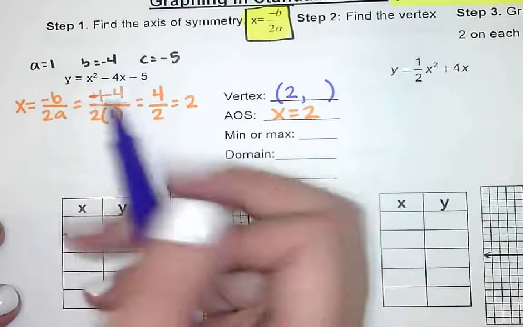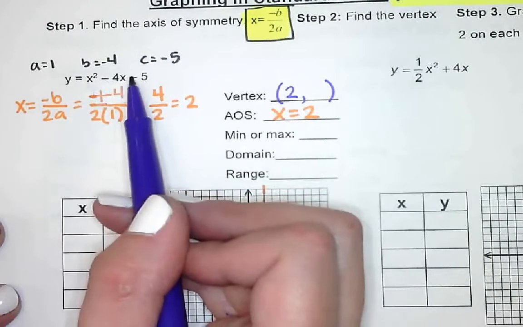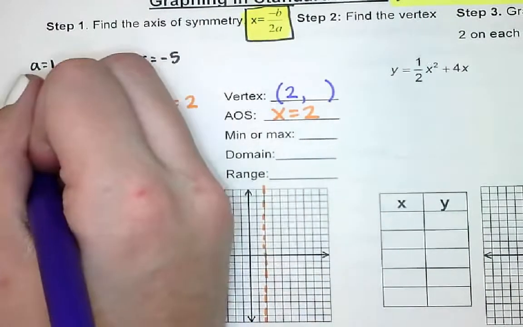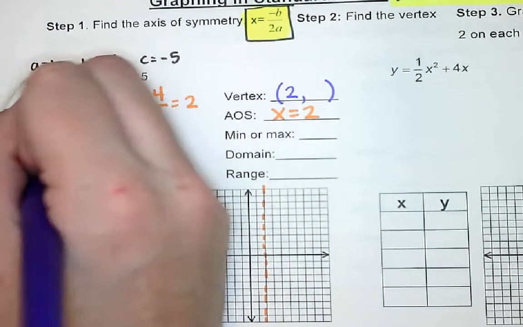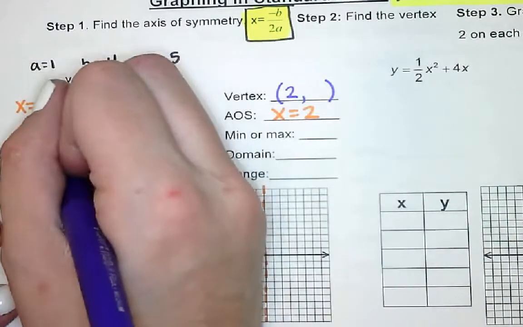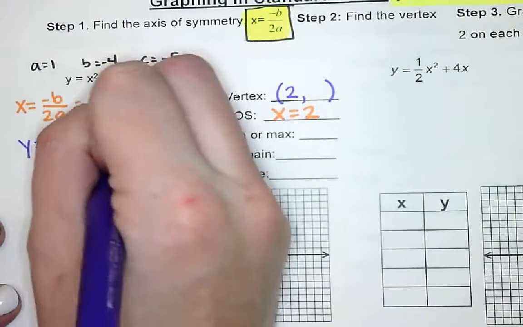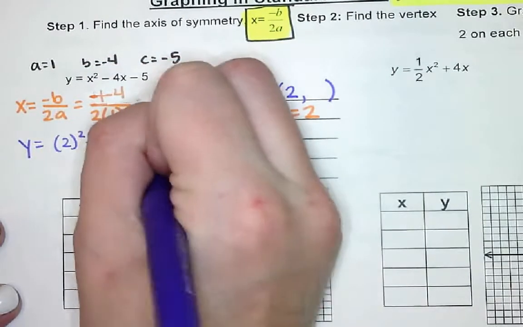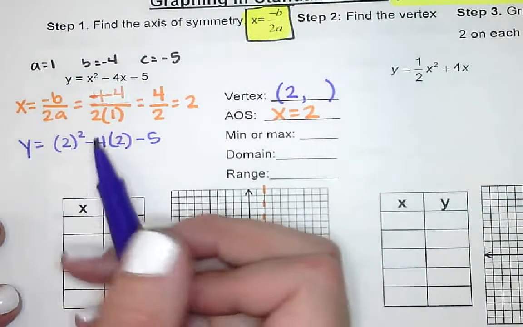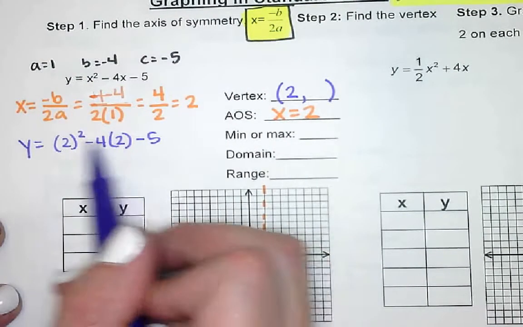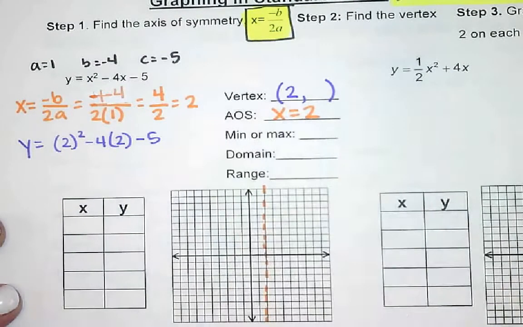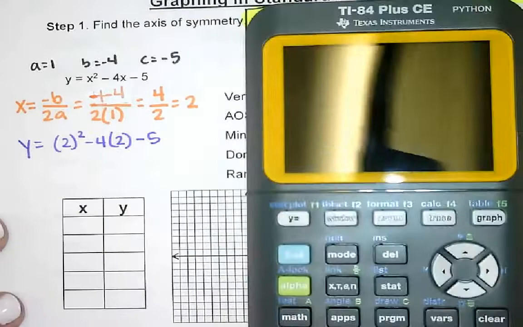Okay. So what we can do is plug it in for the x values. So we could say y is equal to 2 squared minus 4 times 2 minus 5. So instead of x, I replaced it with 2. So I'm just evaluating my function here. This is when a calculator might come in handy.